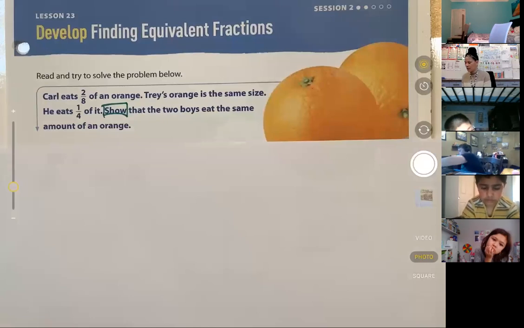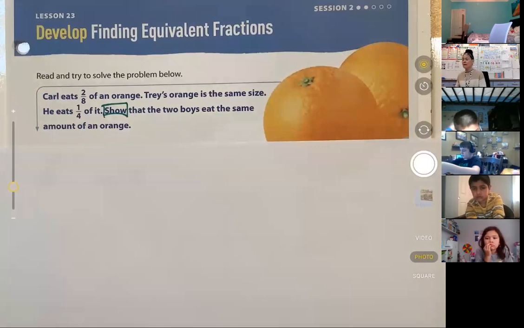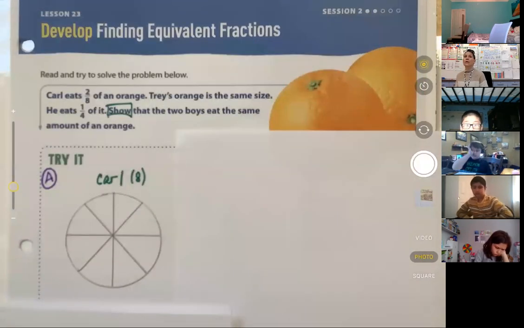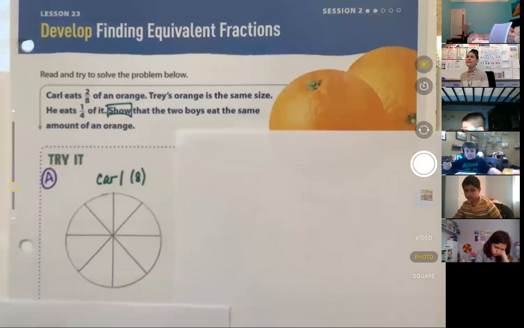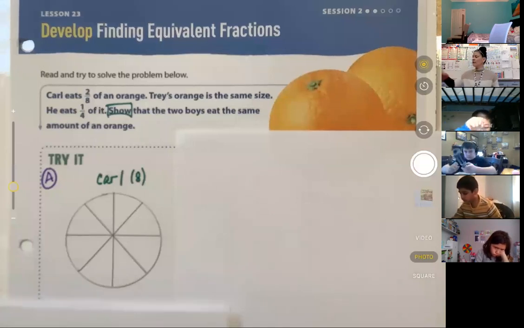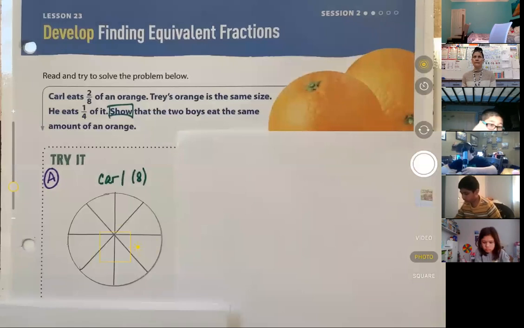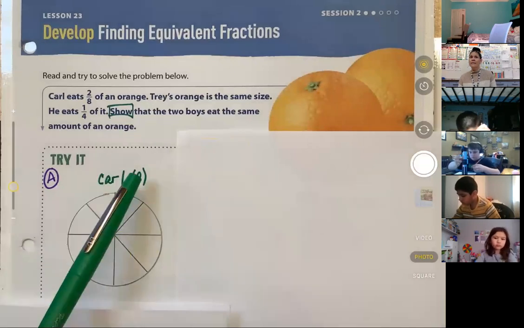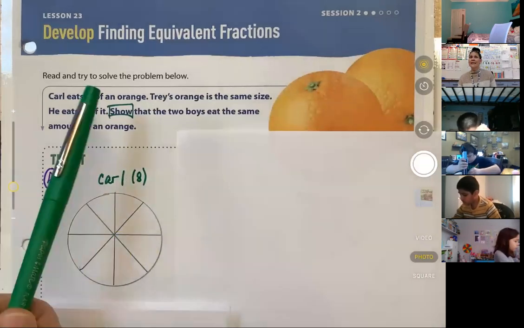So friends, this is what we're going to do. And out of the interest of time, of course, I've started it. So what I've done is I have started Carl's orange. This is Carl's orange. And you can see that with Carl's orange, I cut it up into 8 pieces. And I cut it up into 8 pieces because that is what the problem told me that he did.